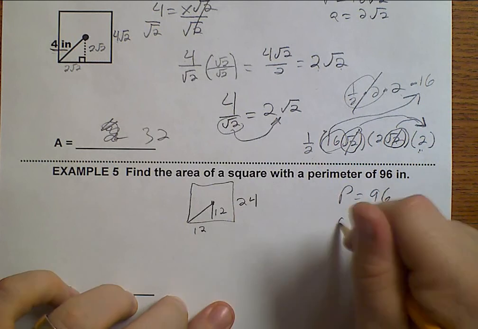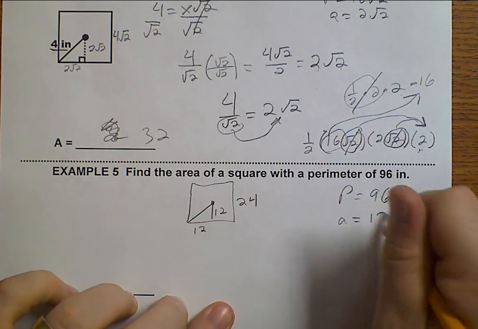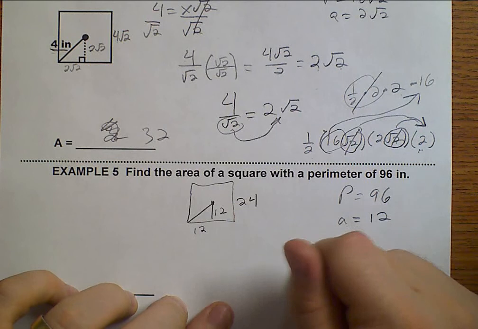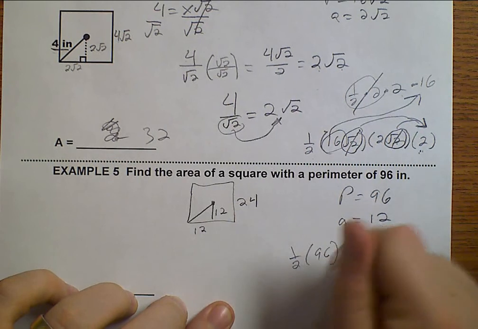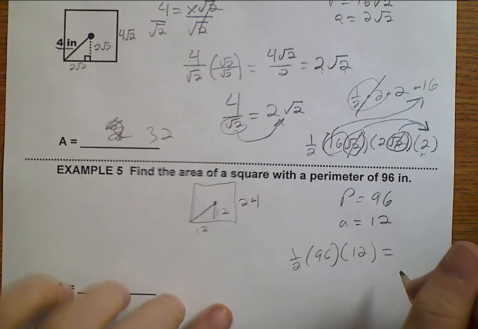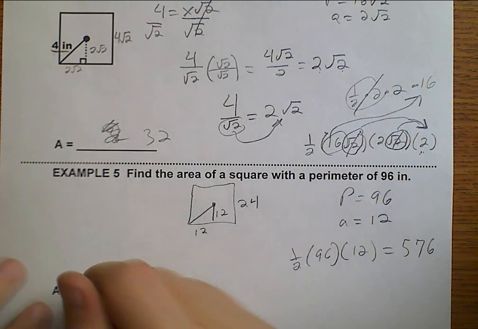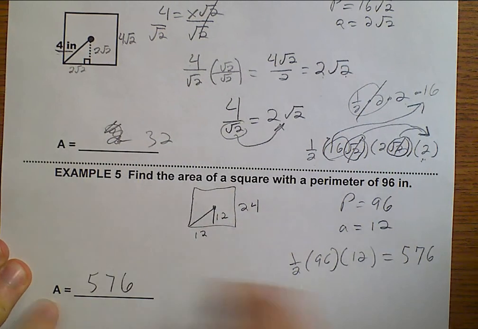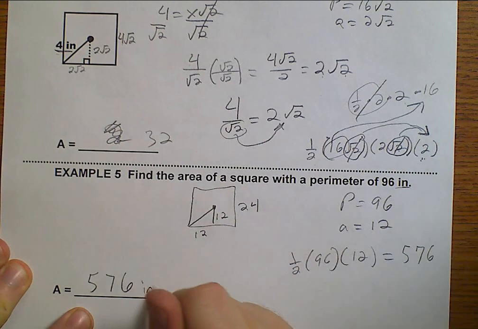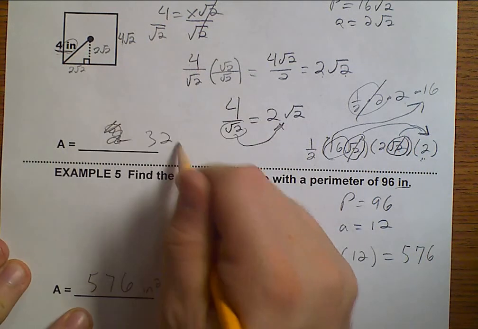So my apothem is 12. So 1/2 times 96 times 12 is 576. So we have 576 inches squared. On this previous problem we had inches, so it's also in inches squared.